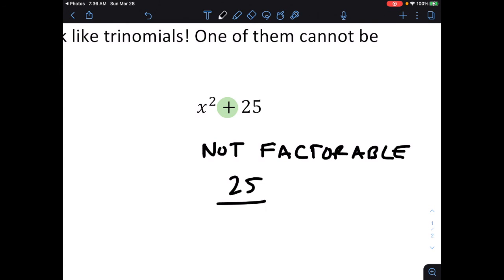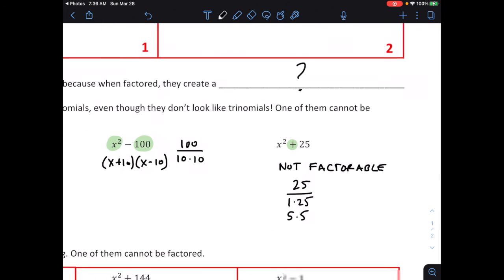Okay, so we could look at the list, and we could say, can I take 5 and 5 and add them together so that they equal 0? Well, the only way I can do that is if one of them is negative and one of them is positive. Well, if one of them is negative, that means that the 25 is going to be negative instead of positive. So this one is not factorable because of that. All right, so something to watch out for. Somebody might try and trick you someday.